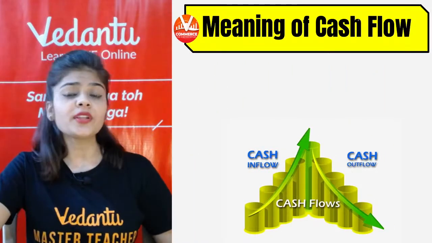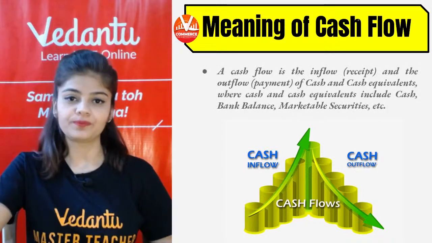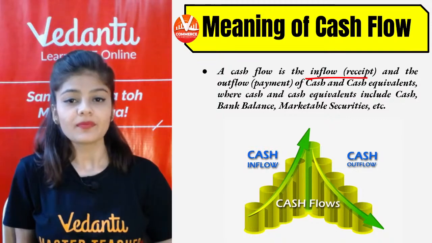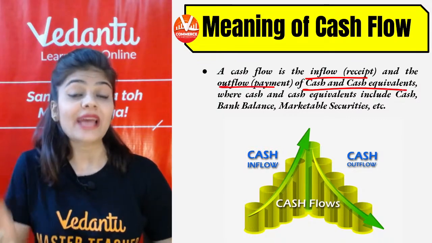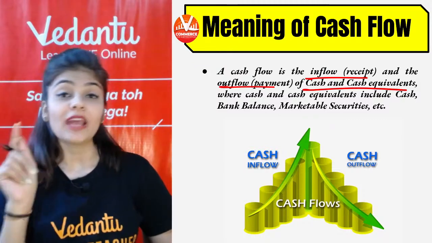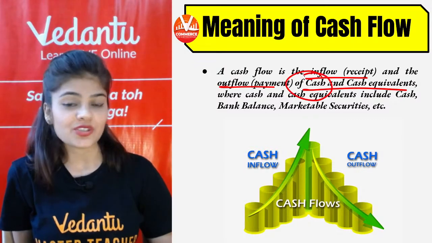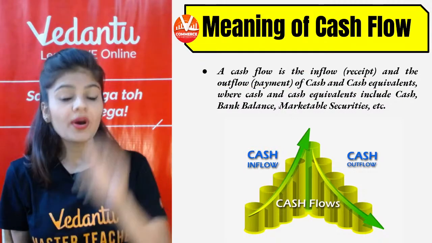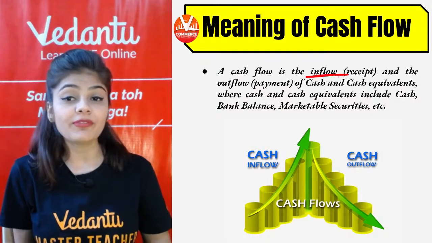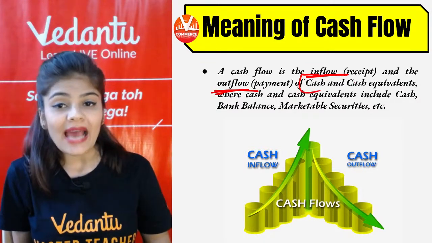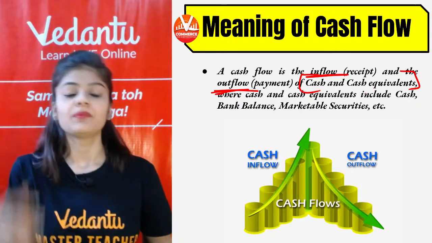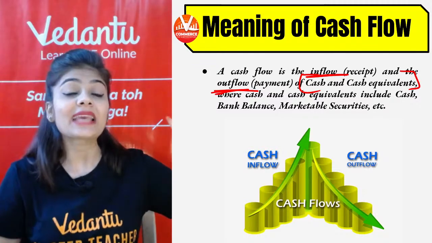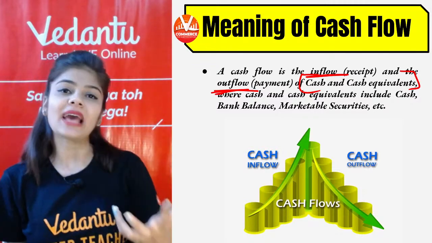So let's see what you mean by cash flow. A cash flow is the inflow and the outflow of cash and cash equivalent. We are not only talking about cash. हम सिर्फ cash की बात नहीं कर रहे. When we are talking about cash flow, we are talking about inflow and outflow of cash and cash equivalent. Means we are talking about the cash, but we are also talking about cash equivalent. अब cash में क्या आता है?